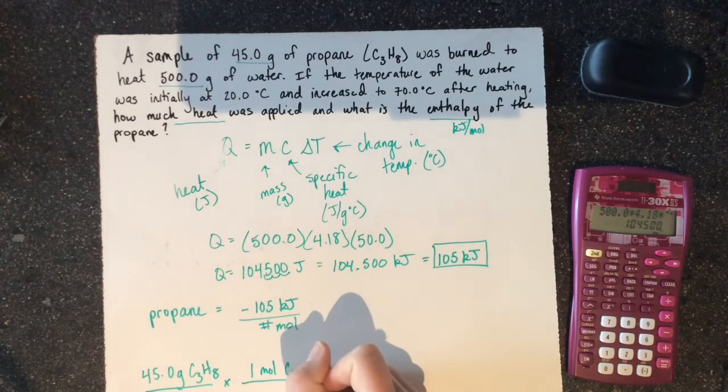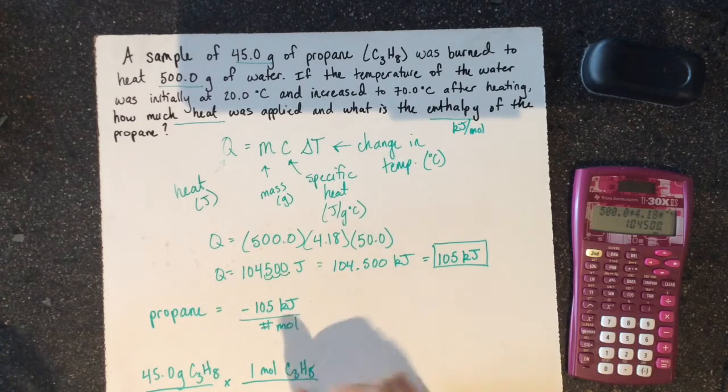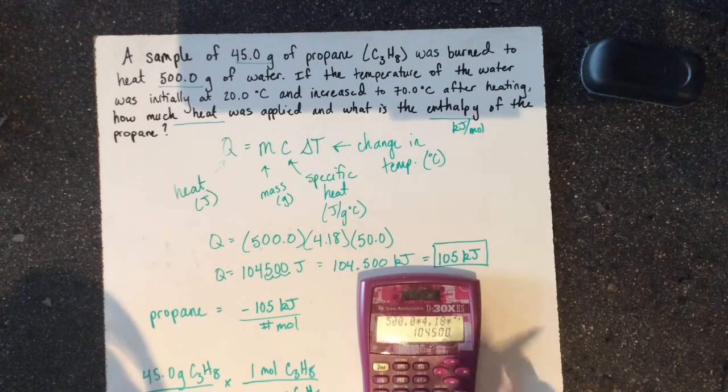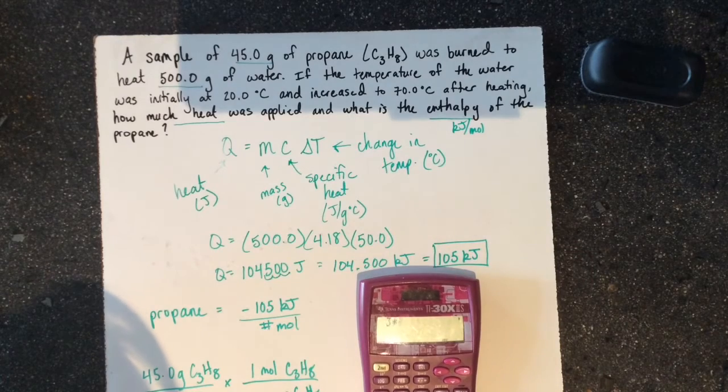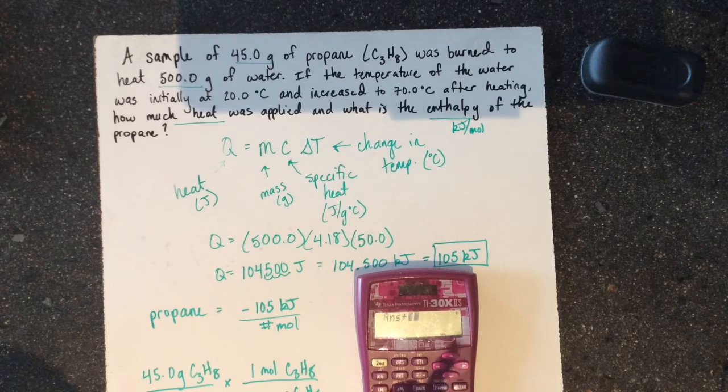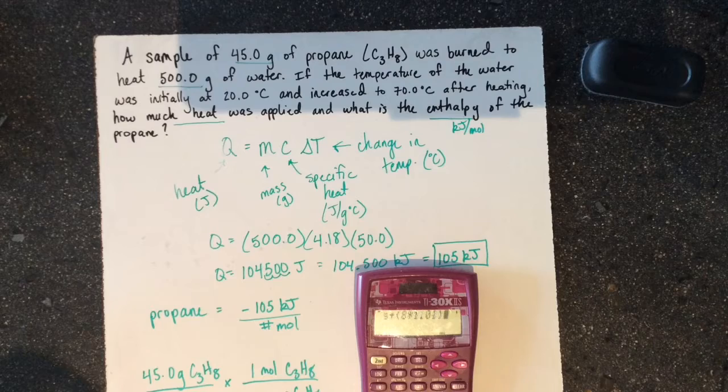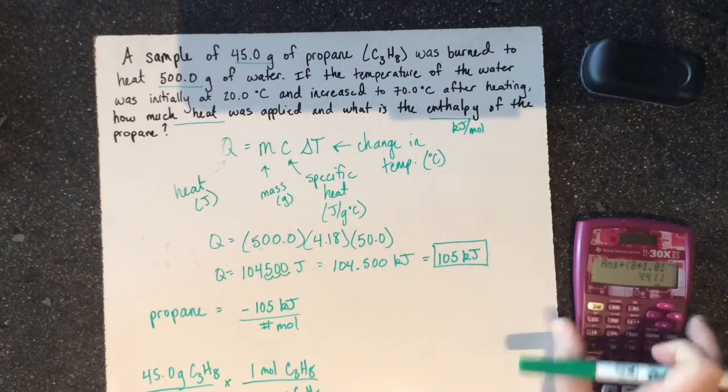In every 1 mole of C3H8, we have 3 carbons times 12.01 plus 8 hydrogens times 1.01. So our molar mass of propane is 44.11 grams per mole.